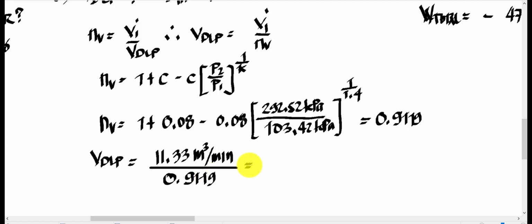Okay. Then we have the volume displaced at low pressure, so we have 12.42 cubic meter per minute. Okay.